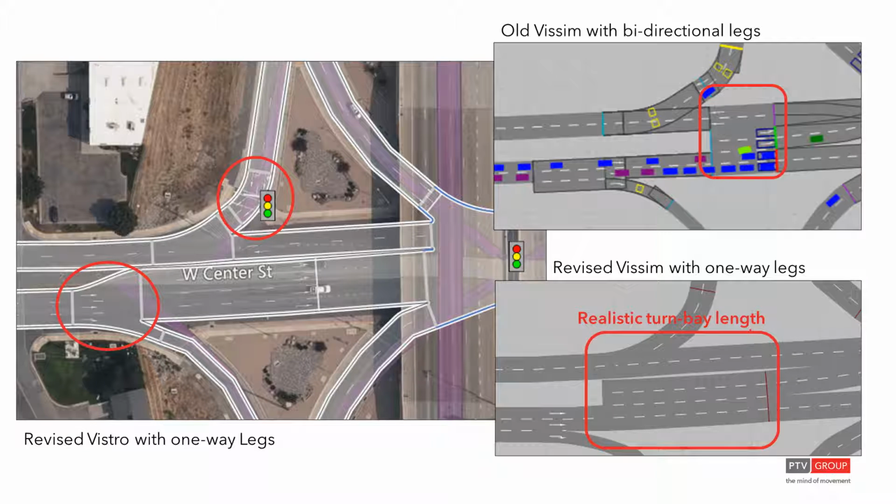And as a result, this does allow the storage for this left turn to be created, showing the realistic conditions that you would have in the field in Vissim. So it's a simple fix in this case, but I point this out more or less on purpose: if you want to do this simulation, you have to think ahead of time and know how to code the one-way leg or the bidirectional leg and what the impacts could be on the Vissim side.